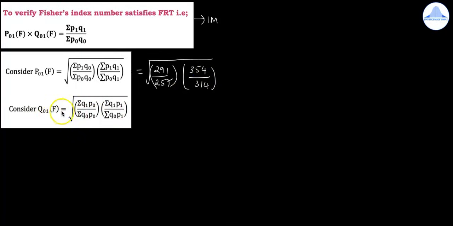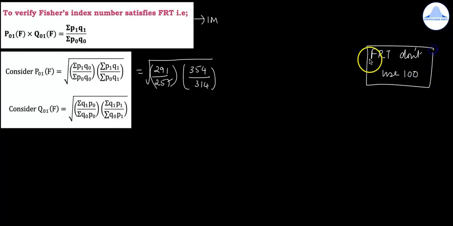Now the next formula is important. It is the quantity index number of Fisher's. How do you write Fisher's quantity index number? It is root of, first you should write Laspeyres' quantity index number, and then Paasche's quantity index number, and again for FRT don't use 100. So write the formula and then you substitute.